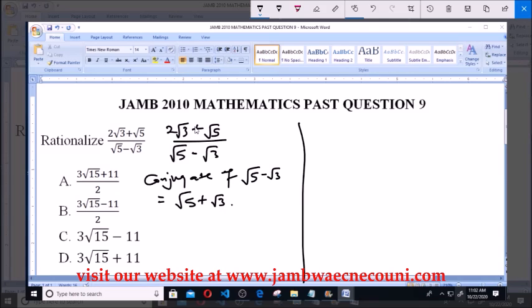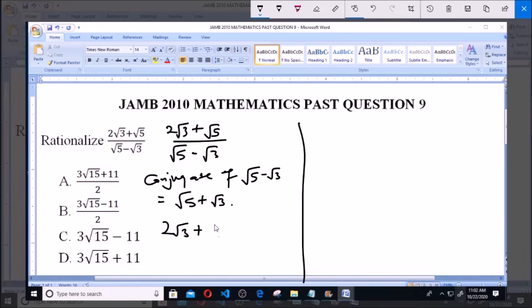Now we multiply what? The numerator and denominator by this conjugate. So we'll be having 2 root 3 plus root 5 all over root 5 minus root 3 multiplied by root 5 plus root 3 all over root 5 plus root 3.